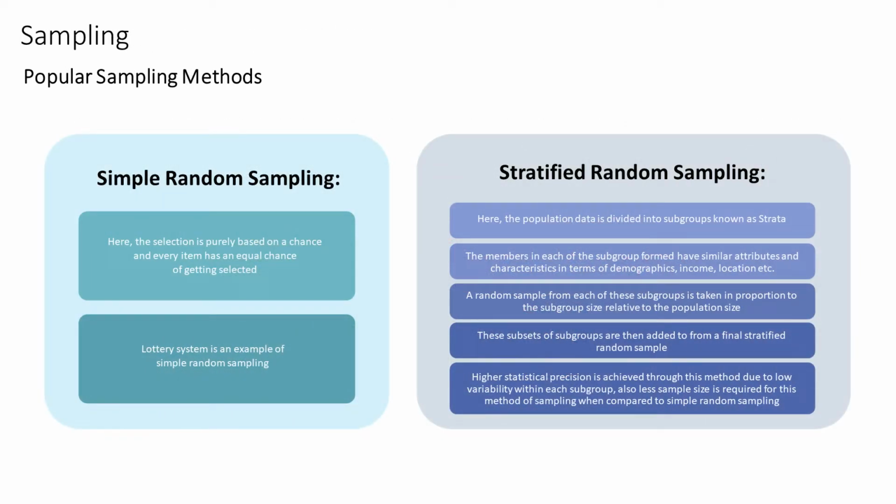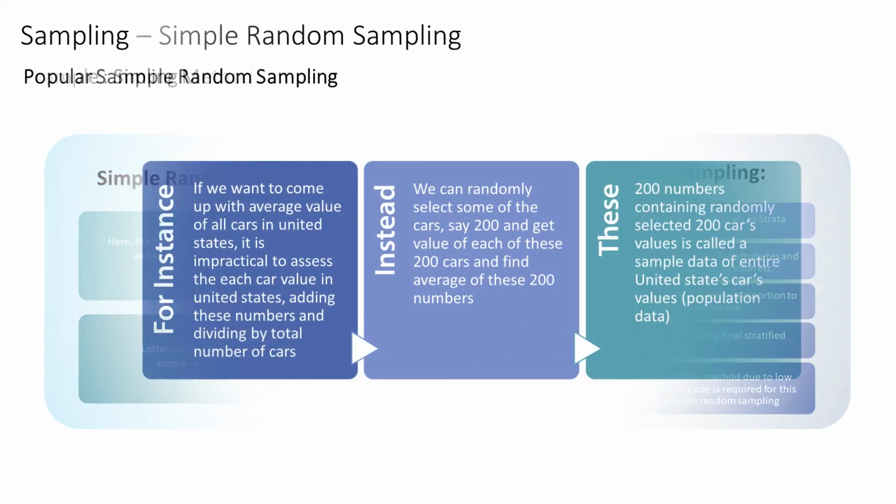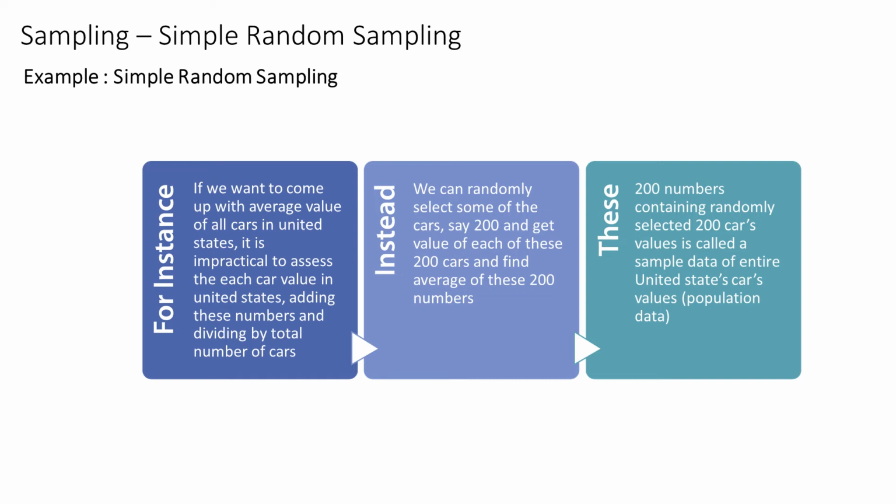Now, let's take a look at the concept and technique of sampling and the two types of sampling used in analytics. One would use a sampling technique when working with large data sets. Simple random sampling is based on chance, and every item in the analytical data set has an equal chance of selection.